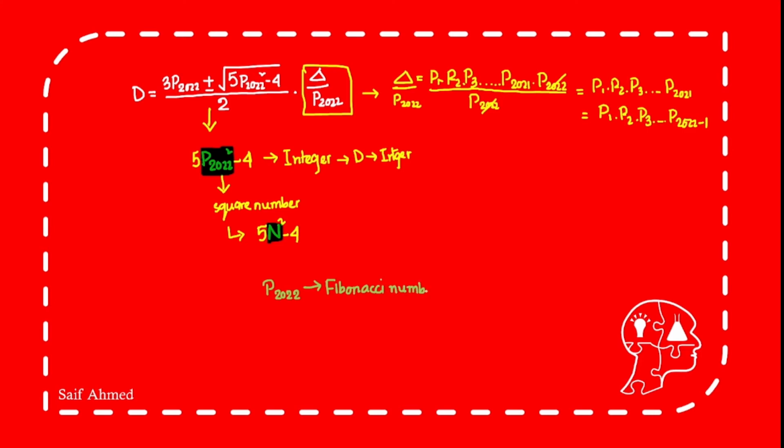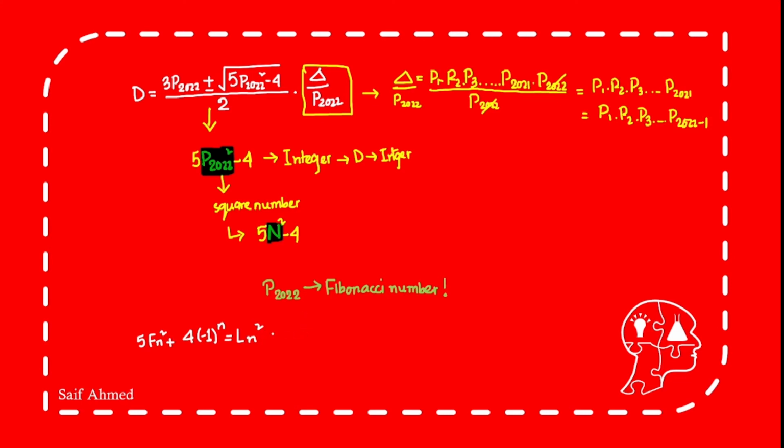Okay, so here we will use our second formula, which was 5 of f of n. It was 5 of f of n square plus or minus 4 times minus 1 to the power n is equal to L of n square.